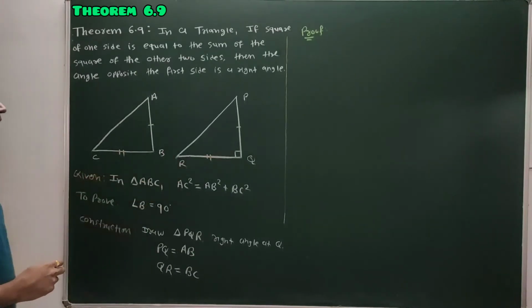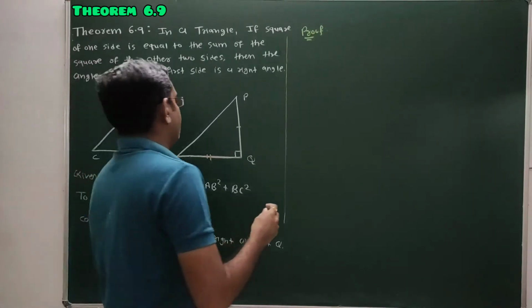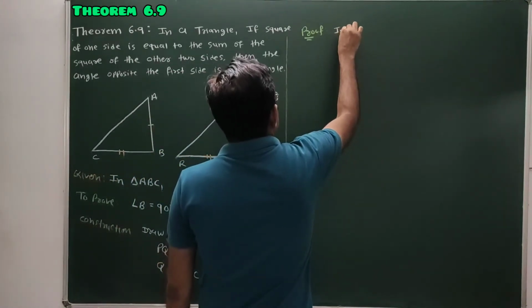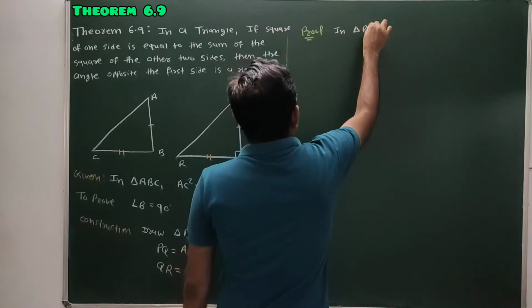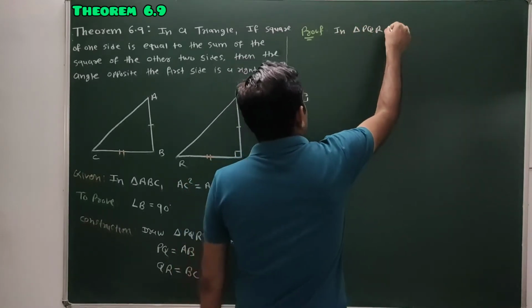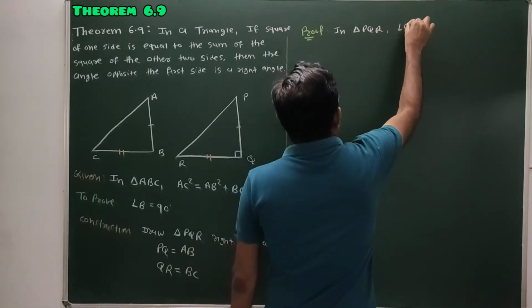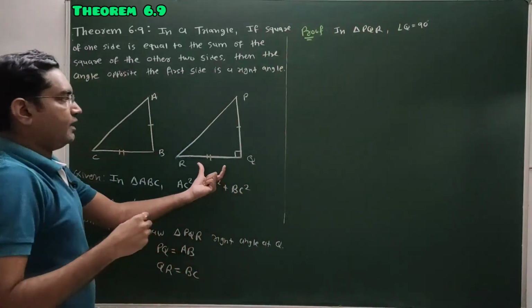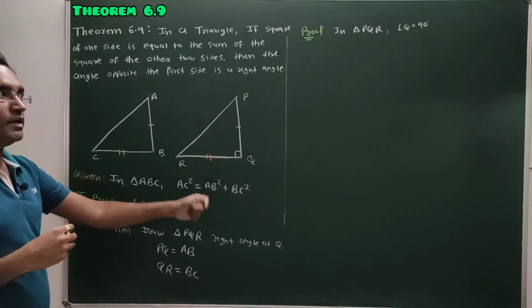Now consider triangle PQR. In triangle PQR, angle Q is equal to 90 degrees, and hence this is a right angle triangle, so we can apply Pythagoras theorem.